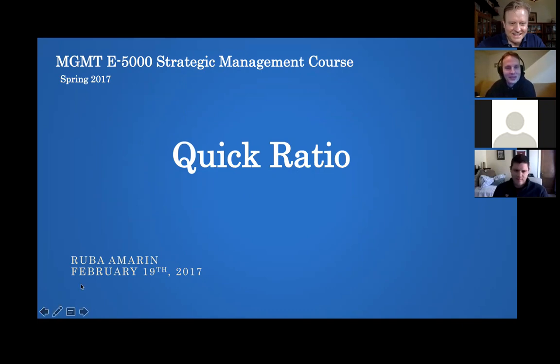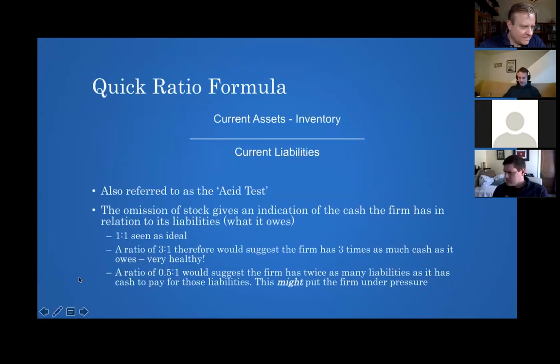So as a good follow-on to the current ratio, we have the quick ratio. If we can go next, Michael. So the formula is basically similar to the current ratio. The only difference is we subtract inventory from our current assets, and then we divide by current liabilities.